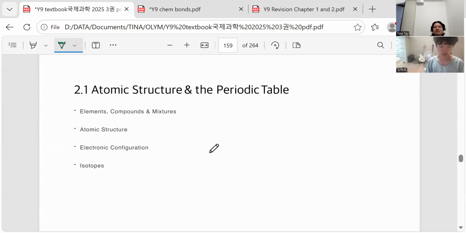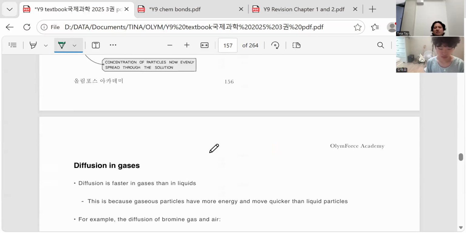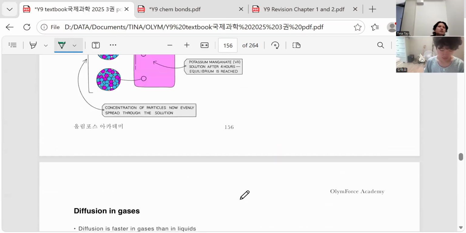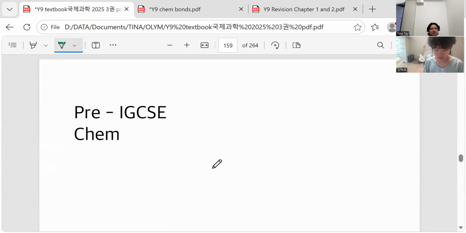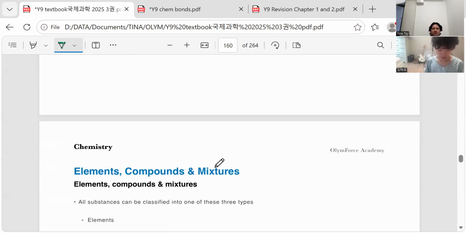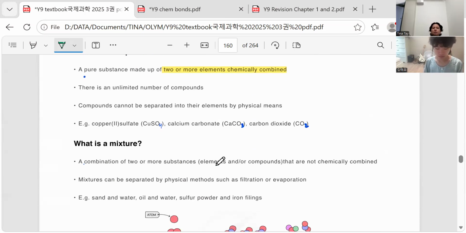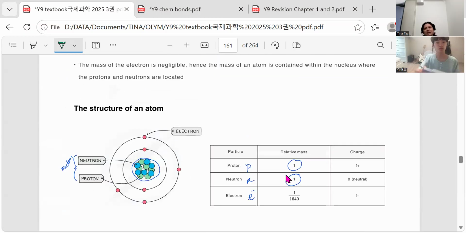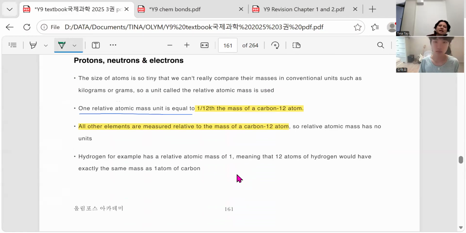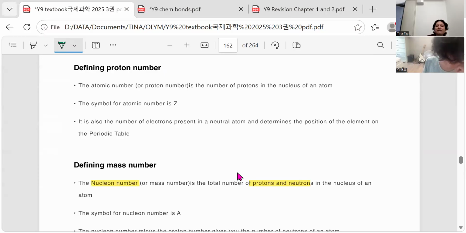We started chapter 1 with diffusion. Remember all the concepts of diffusion? Then chapter 2, we started with the atomic structure. We learned about proton, neutron, electron, what the structure of the atom is, and I taught you the electron arrangements. Remember?